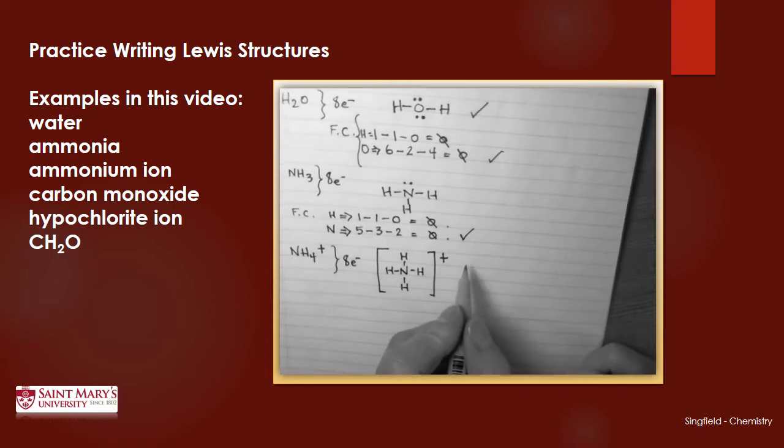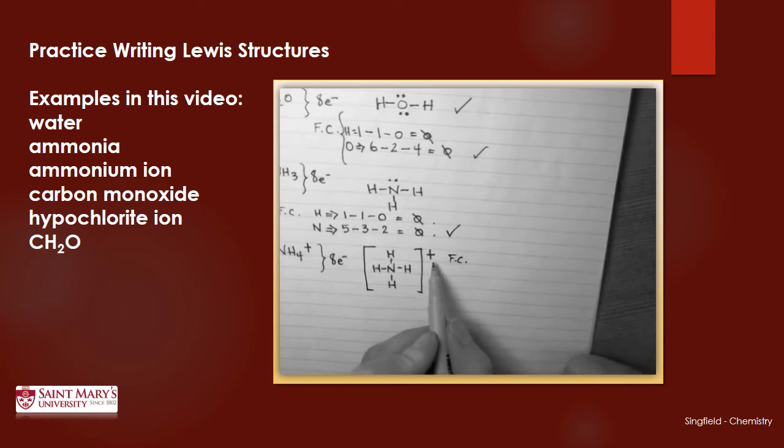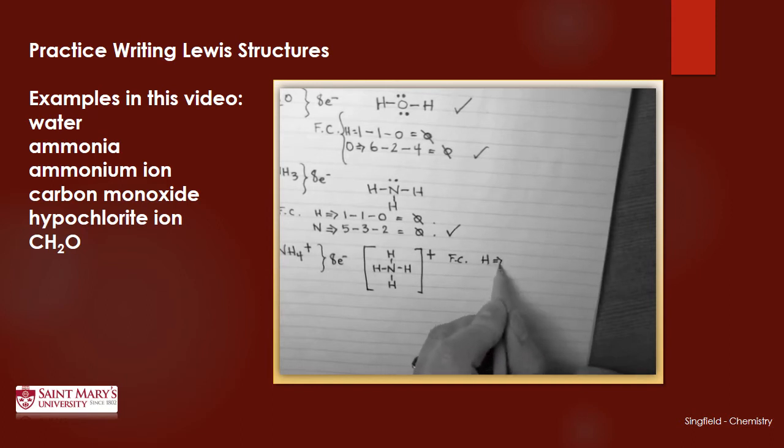The formal charges now should add up to a +1. So the formal charge, what are they? For each hydrogen, because they are equivalent, I've got 1 minus 1 minus 0 is 0.